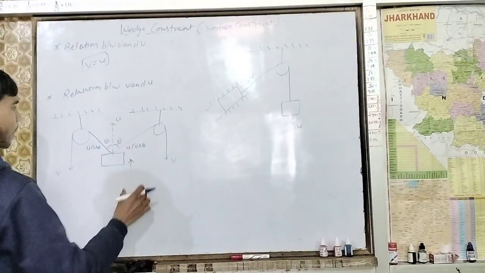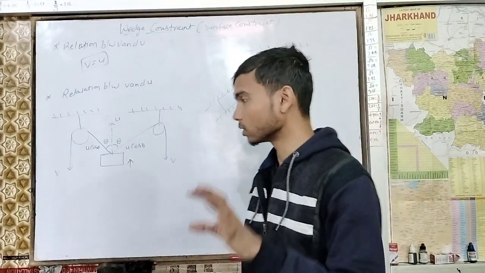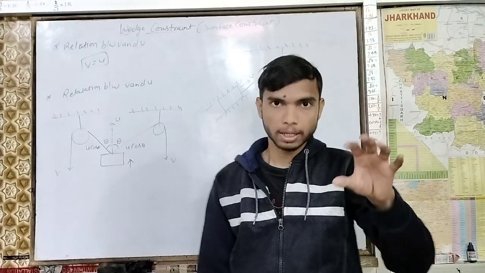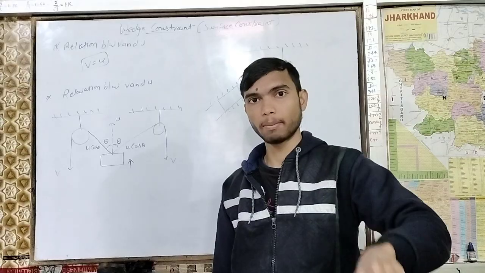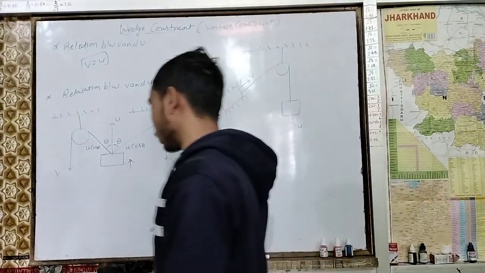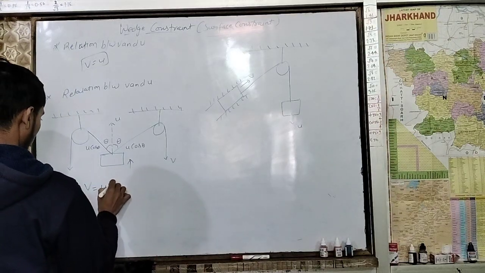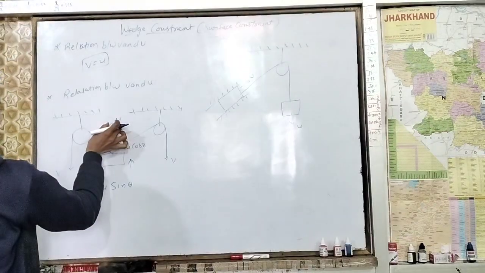So let's say I am applying 10 meters per second velocity downward, 5 meters over here and 5 meters over here. Then what will happen? With the same magnitude, this block will go upward. So V will be equal to U sin theta.